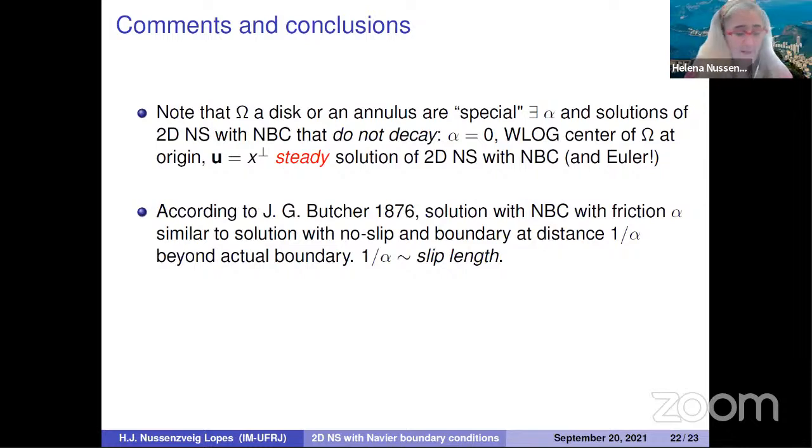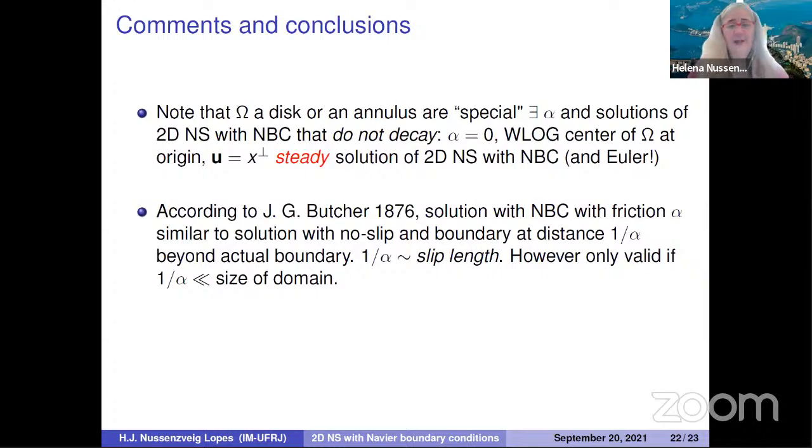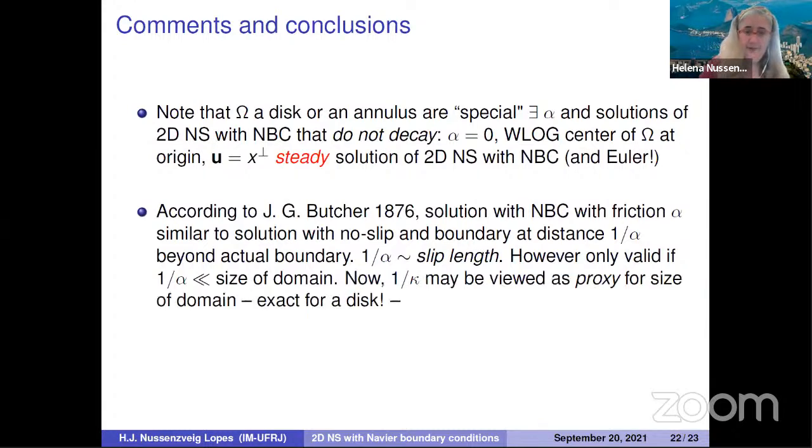And 1 over alpha is supposed to be the slip length. Of course, this only makes sense as long as 1 over alpha is much smaller than the size of the domain, because of the asymptotics.